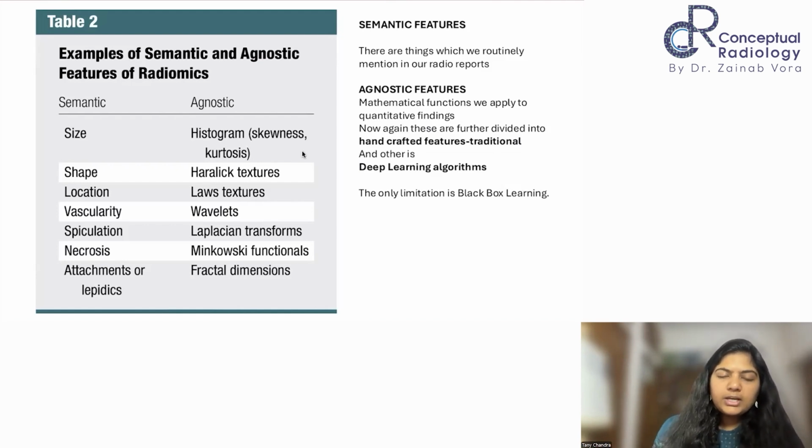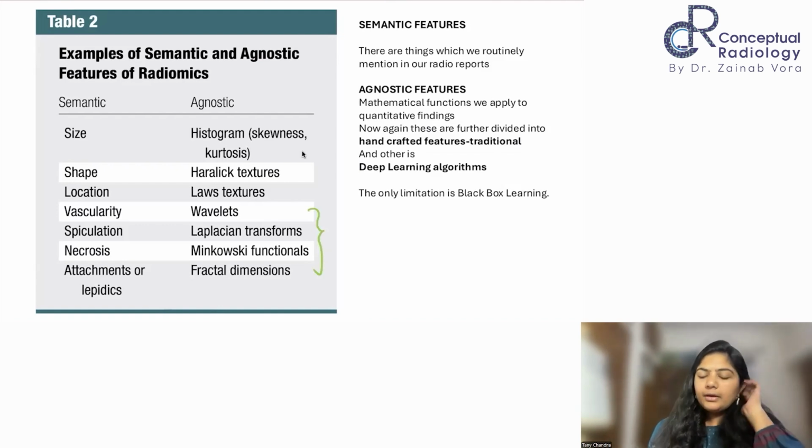So this will include histogram analysis, right? Then you can get some texture analysis, and these are just names. Remember, we cannot understand everything easily, right?